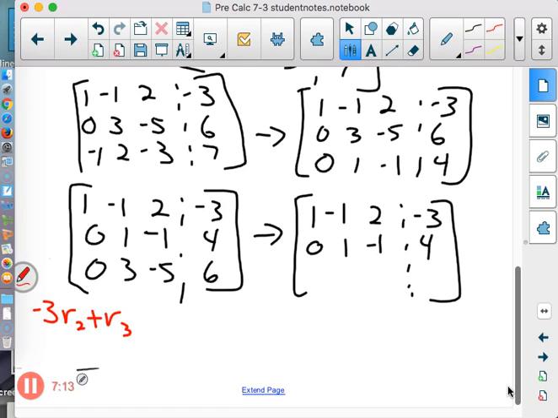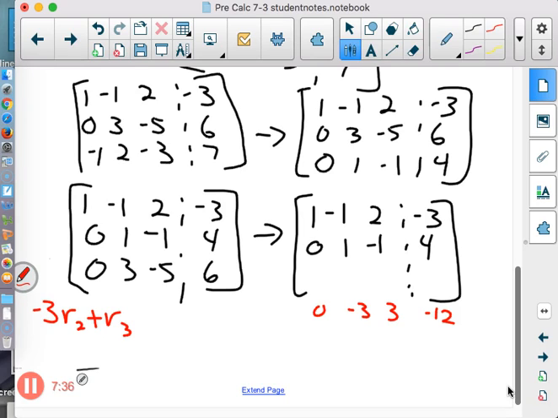And some people will just do all of this in their head, but if you find that you're losing stuff when you do that, then actually physically write down what is negative 3 times row 2. So negative 3 times 0 will be 0, negative 3 times 1 will be negative 3, negative 1 times negative 3 is 3, and then negative 3 times 4 would be negative 12, and then add.